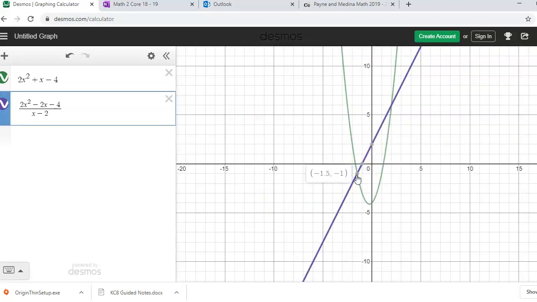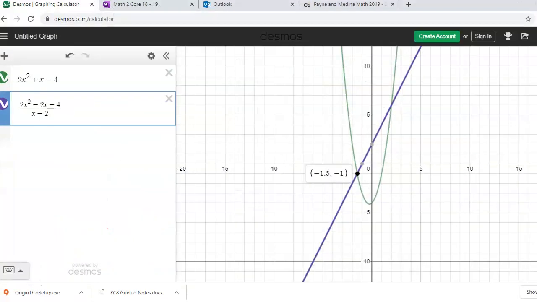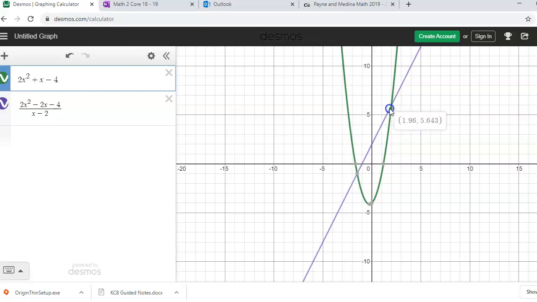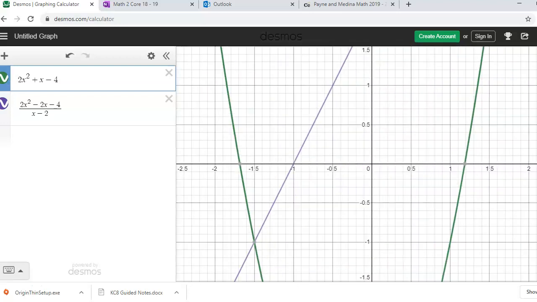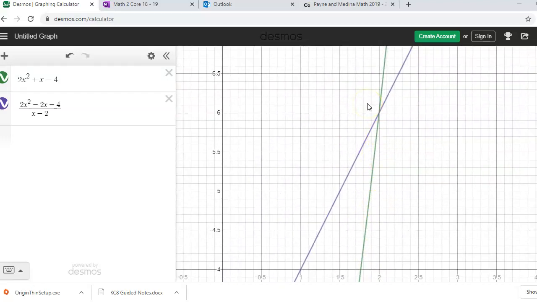There's not. So we have x equals negative 1.5. And then this is where it also intersects. Oh, it doesn't there. So one of the things that's happening here is you can see x equals 2 is actually a hole. So there's not actually a point there.